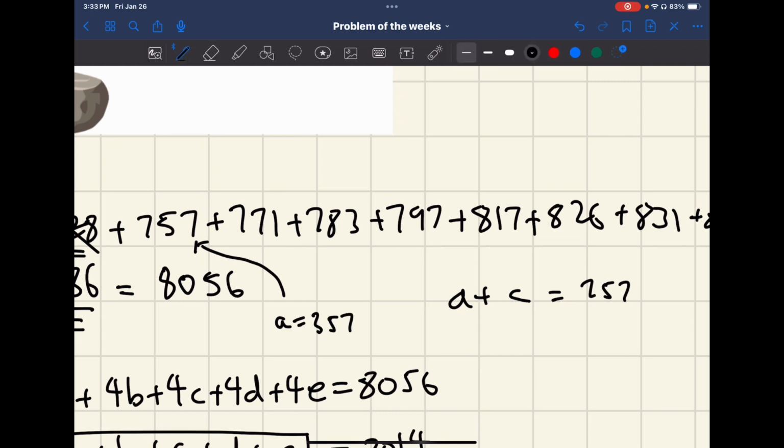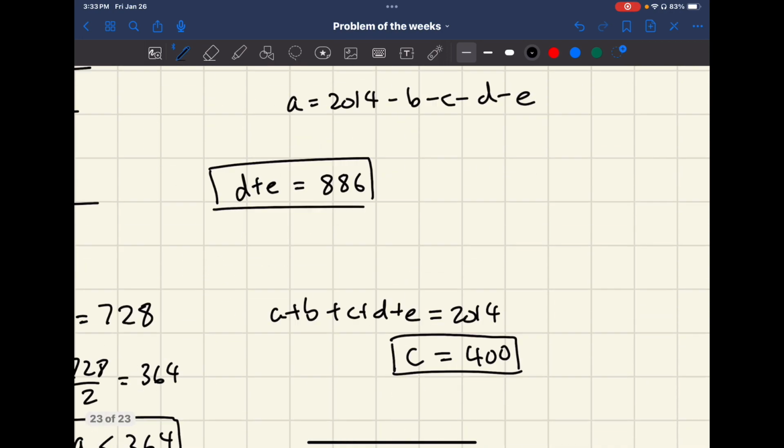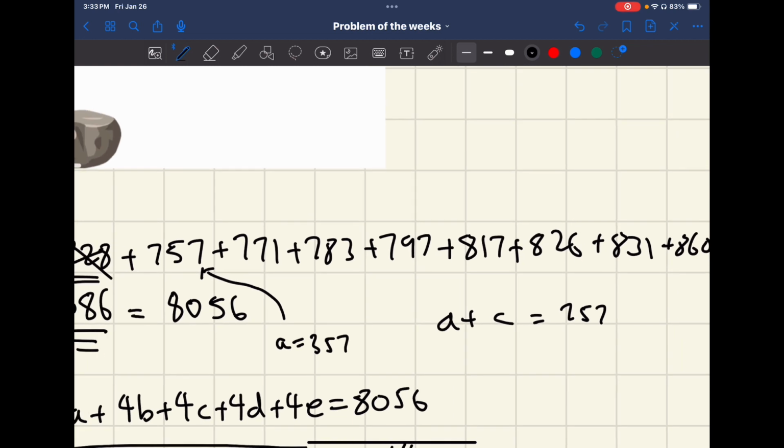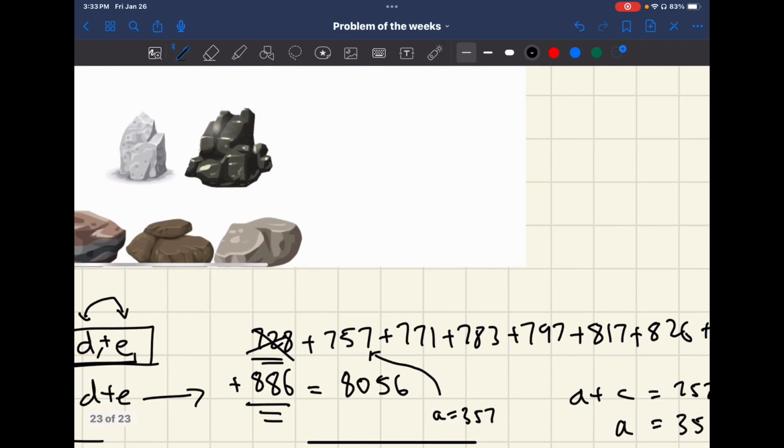If the sum is any greater than that, then A would be greater than 364, which can't be true. So A plus C equals 757, which means that A, the lightest rock, is equal to 357.